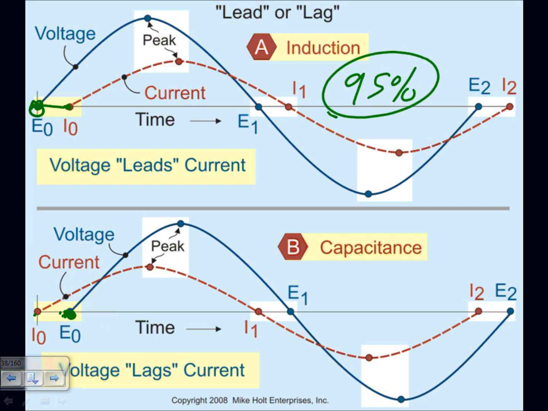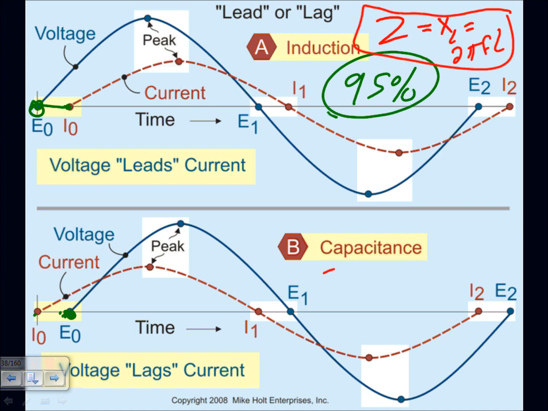For induction motors, you have the impedance Z, XL, and this is equal to 2 pi times F, the frequency, times L, so it's 2 pi FL, right? This is the impedance here. For a capacitor, Z, the impedance, equals XC, equal to 1 over 2 pi FC, right? You guys remember that from the days of Ryman?